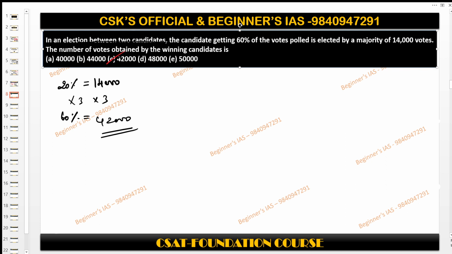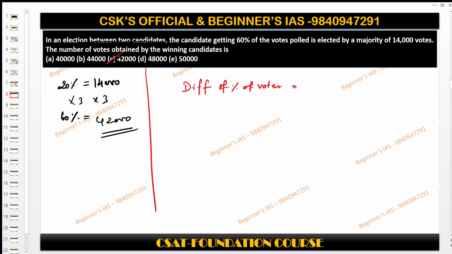What you are saying is correct. Listen, this is one model. N number of ways are there to solve this kind of questions. Let me write clearly: the difference of the percentage of votes.